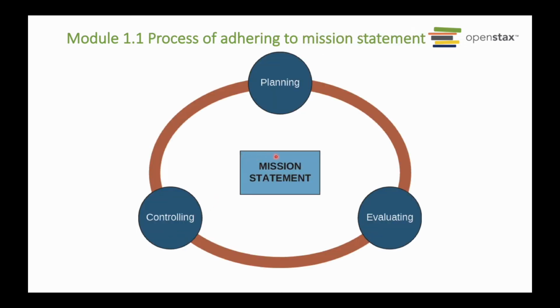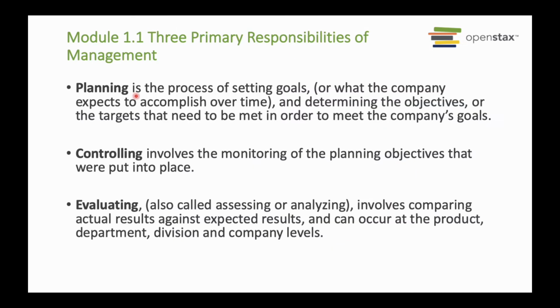This mission statement is then the central focus of the organization, and the management functions of planning, controlling, and evaluating all revolve around the mission statement of the organization. Planning is the process of setting goals and determining the objectives or the targets that need to be met in order to meet the company's goals.